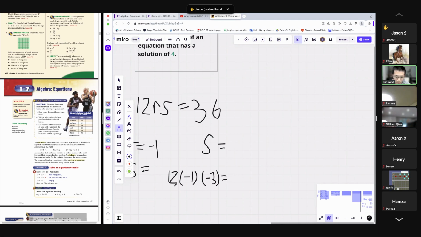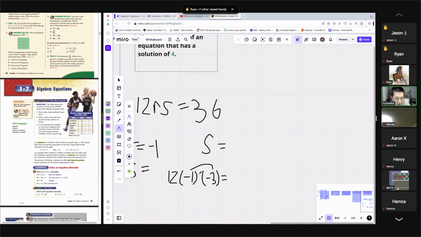If we do this manually, 12 times -1 times -3, -1 times -3, if you guys haven't learned yet, a negative times another negative is a positive. It's 3. Yeah, positive. So you'd have 12 times 3, and 2 times 3 is 6, so you have 36.